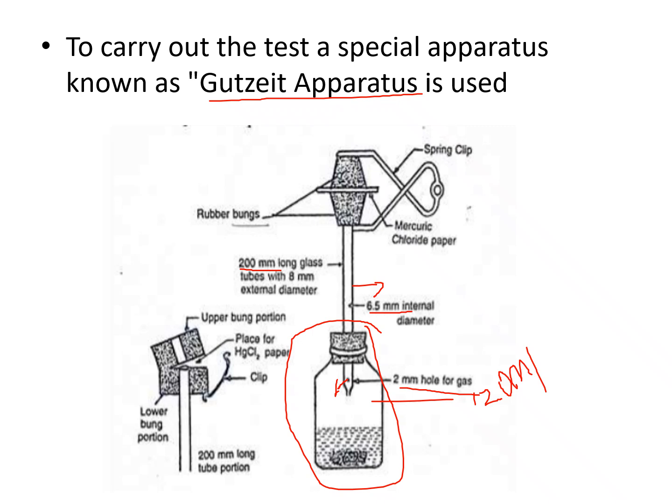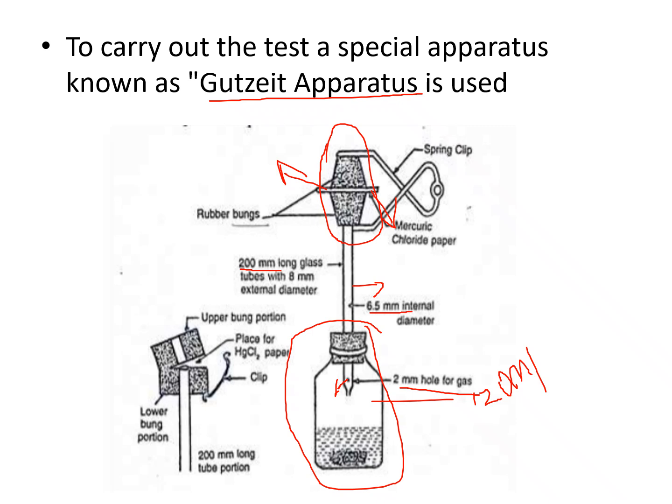At the same time, the other end of the glass tube is fitted with two rubber bungs, and a mercuric chloride paper is sandwiched between the two rubber bungs.